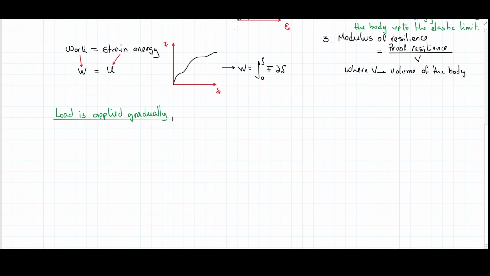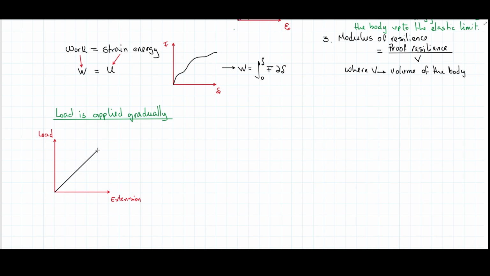Now, when this happens, this chart is going to acquire a very specific shape. I'm going to draw a similar chart as before. So we have here on one side, I'm going to write extension, and down here load. When you apply this load gradually, you start from 0 extension, and then you just grow with the load.